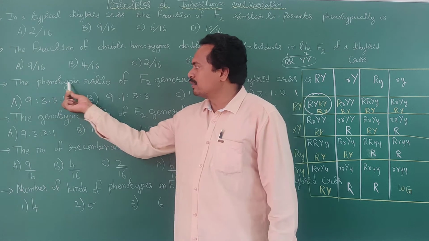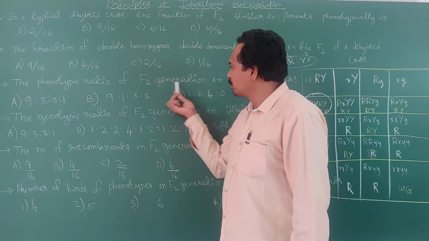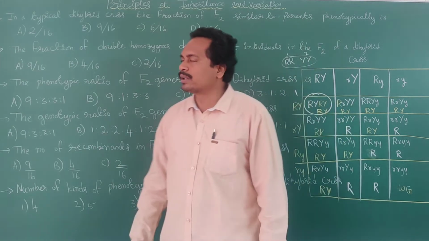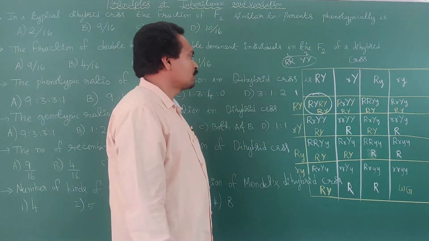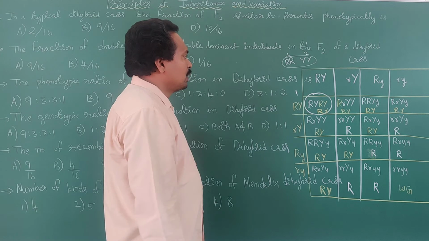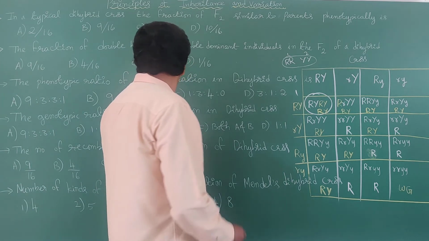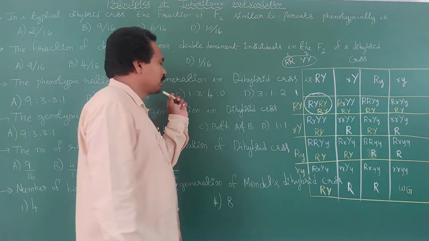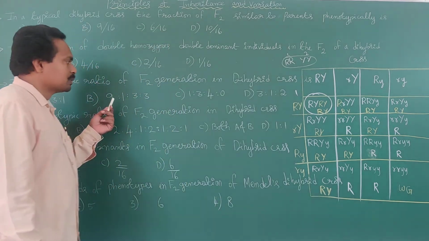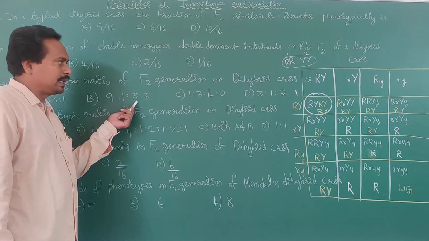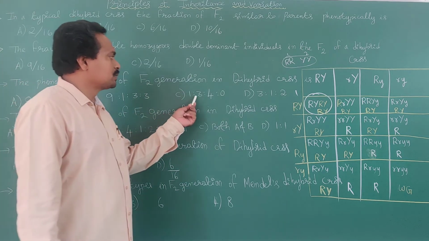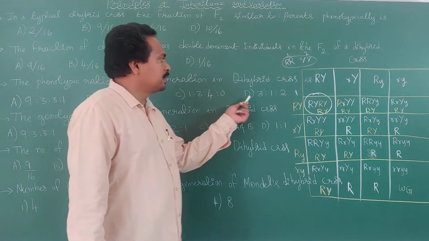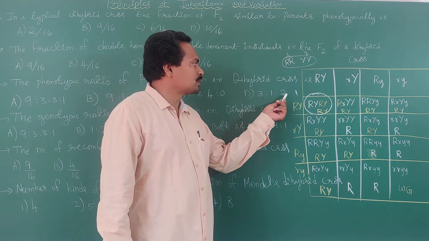Next question is the phenotypic ratio of F2 generation in a dihybrid cross. What are the given options? Option A 9:3:3:1. Option B 9:1:3:3. Option C 1:3:4:0. Option D 3:1:3:1.